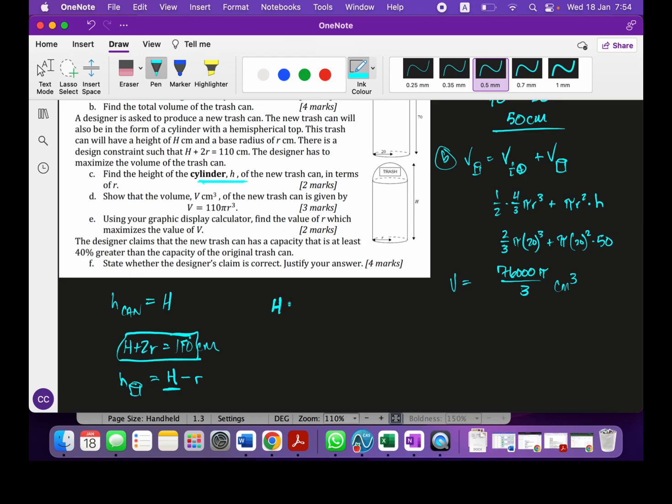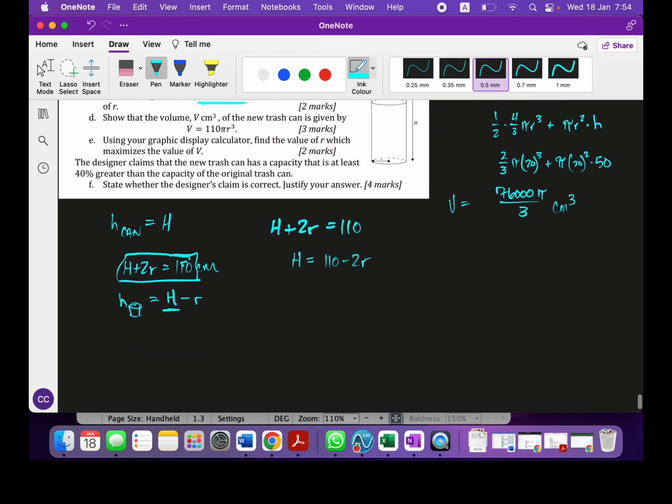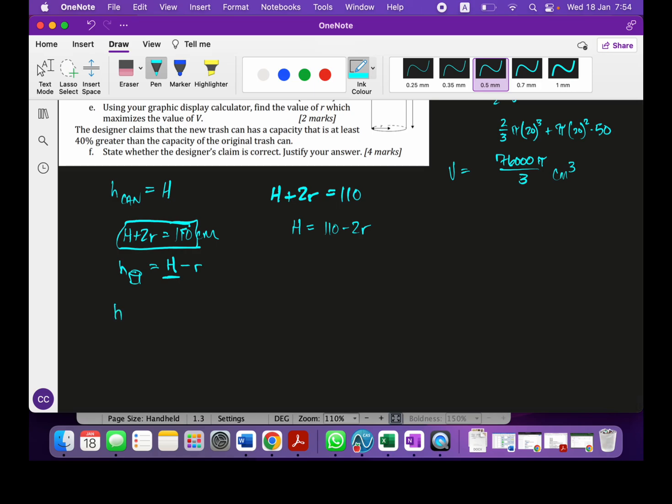So h plus 2r is equal to 110. So h equals 110 minus 2r. So now, substituting that in, I get the height of the cylinder in terms of r is 110 minus, in this case, 3r, because negative 2r minus another r, that's where we get.